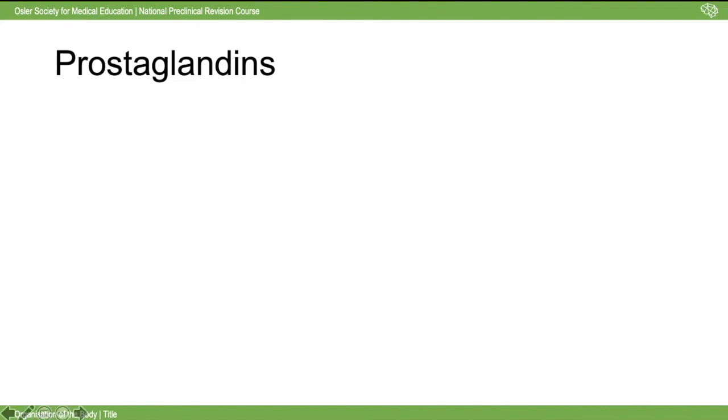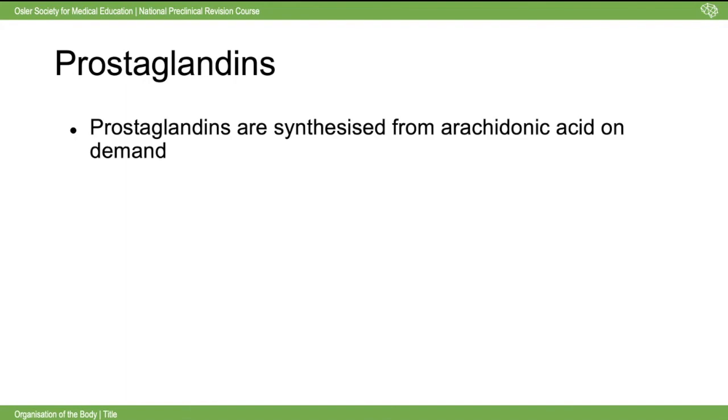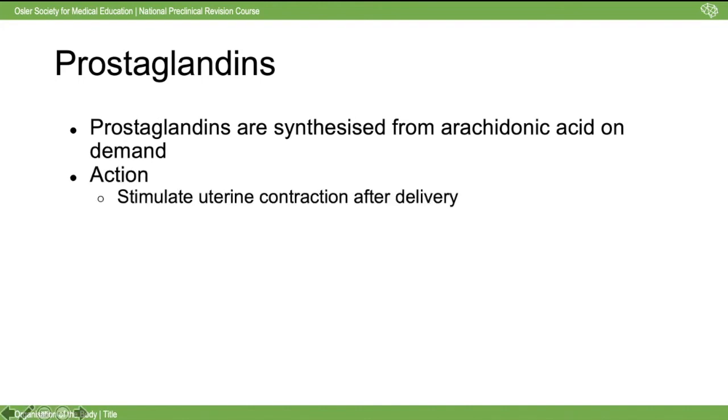And then the final group of hormones that you need to know about are the prostaglandins. Similarly to steroids, they're produced on demand, so they're not stored, and they're produced from arachidonic acid. They have lots of different actions, so just a few of those actions.